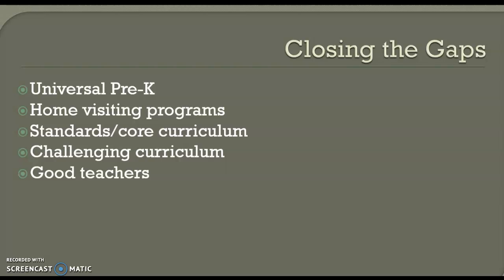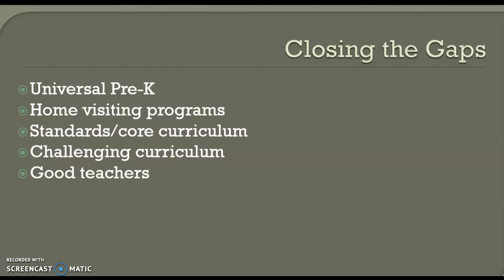There are some things that we can do to close the gap. Universal pre-K means that every child in the United States, regardless of socioeconomic status, gets to go to preschool, at least for 4-year-old preschool, so that they can work on the kindergarten readiness skills that they need to be ready for the next year when they hit kindergarten.